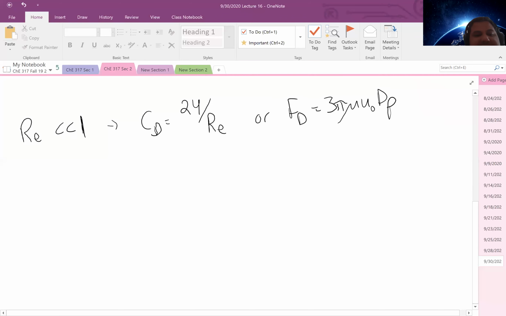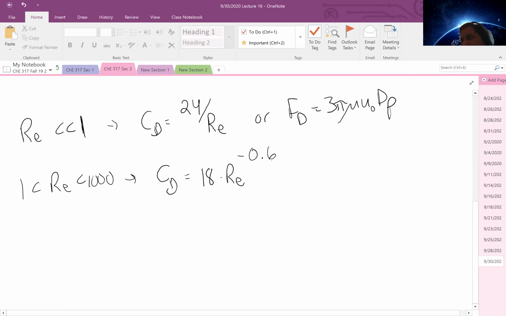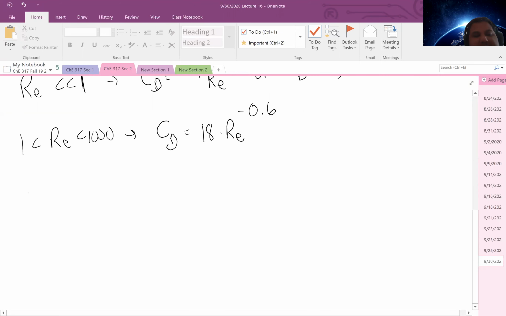For a transitional flow, with the Reynolds numbers existing between 1 and 1,000, our drag coefficient follows an exponential relationship, 18 times the Reynolds number to the negative 0.6. And for turbulent flow with Reynolds numbers greater than 1,000, our drag coefficient approaches an average value.